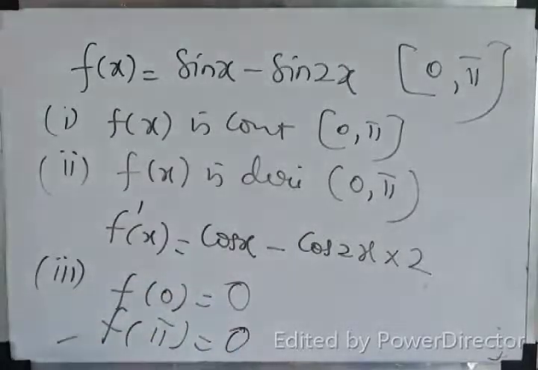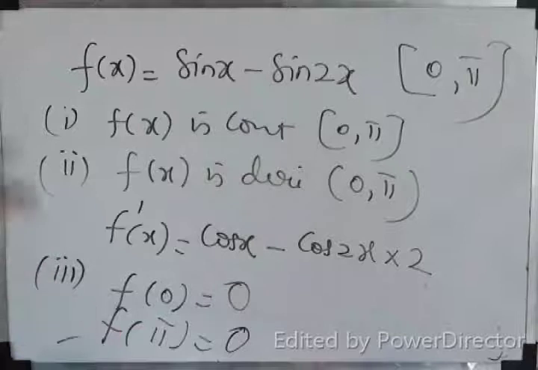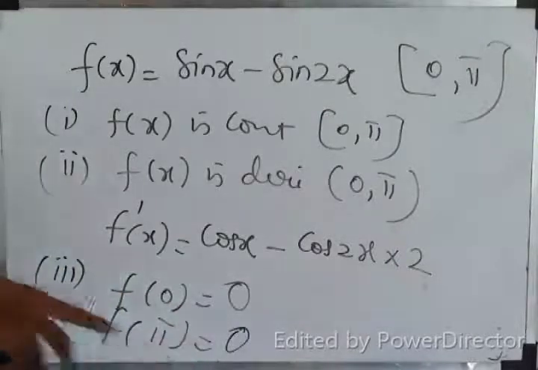Ma'am, here f of a equal to f of b we are getting. Sometimes, but you have to apply because the question is verify Lagrange's mean value theorem. So automatically what will you get? This looks like Rolle's theorem, isn't it? Suppose the question is verify Lagrange's mean value theorem, you try. F of a equal to 0, sometimes it will come like this, f of b equal to 0.